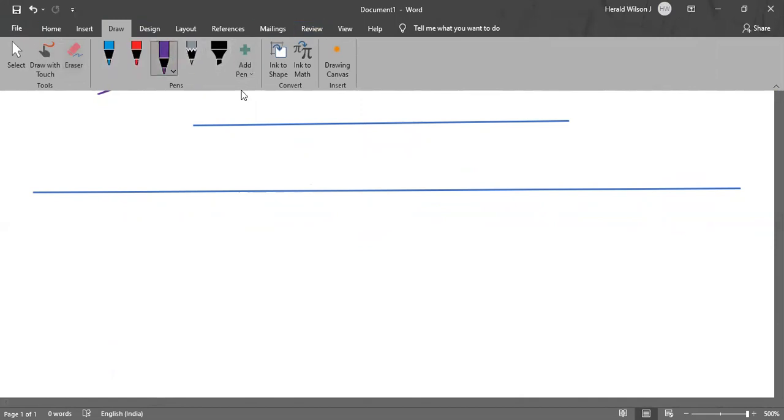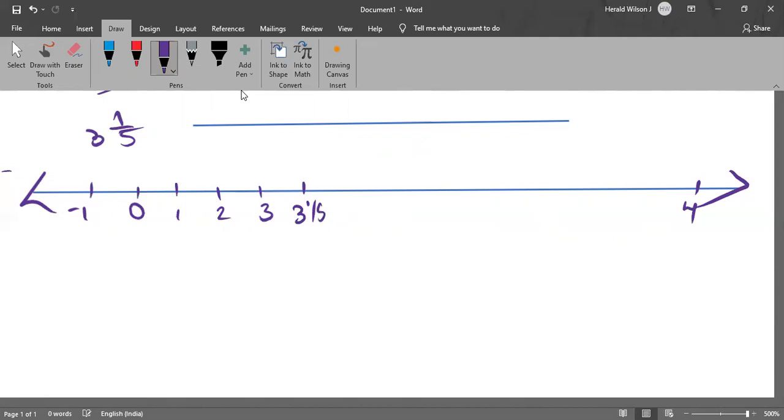So now, as we said, we will put -1, 0, 1, 2, 3, and 4. Now we have a very big space. So now we need to put 3 1/5 on the number line. The first space is 3 1/5, then 3 2/5, 3 3/5, 3 4/5.